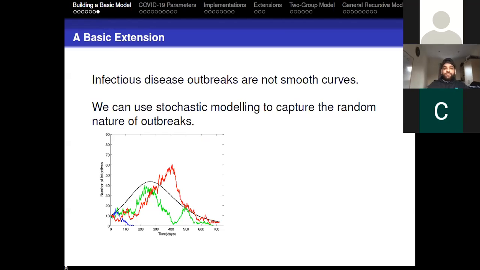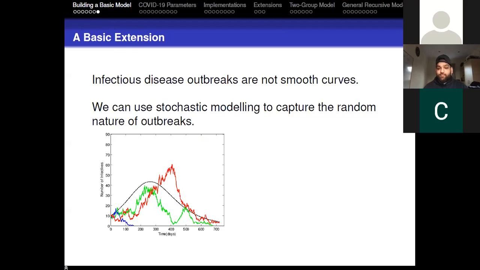Now, to capture this randomness, we can use something called stochastic modeling. So we can make a stochastic SIR model. Instead of this smooth curve, how we can think about it is we're essentially flipping a coin lots and lots of times.